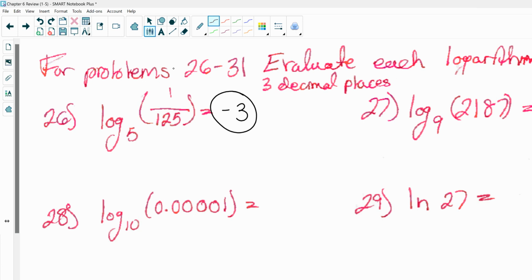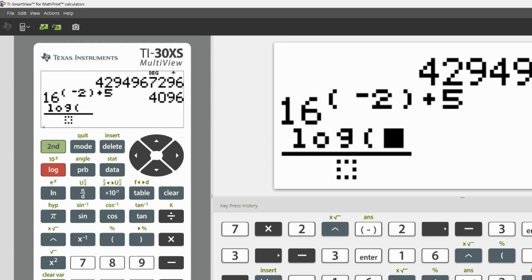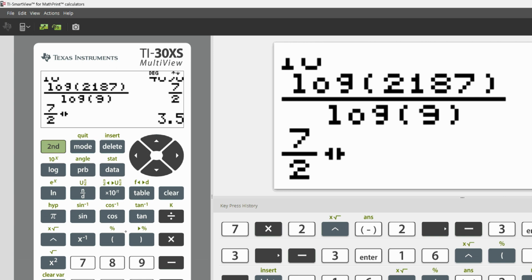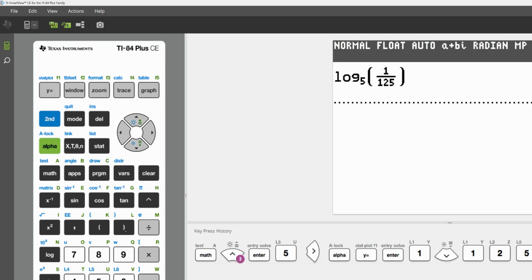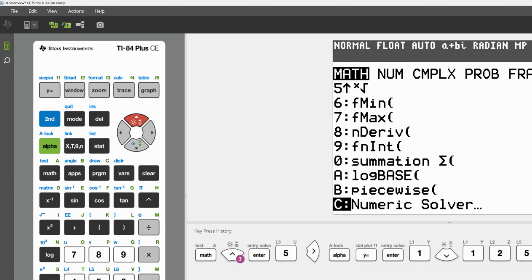Now the next one, log base 9 of 2,187. We could technically do the change of base. The change of base was log of what's inside of it over log of the base. That gives 7/2 or 3.5. Wait, how did you do log base 5 again? Math, log base.